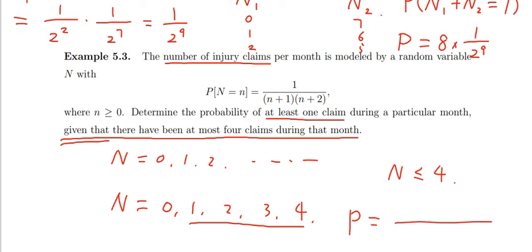So the denominator is the probability N is 0, 1, 2, 3, 4, and the numerator is at least one claim. We also can use N larger than or equal to 1, or N just equals 1, 2, 3, 4.